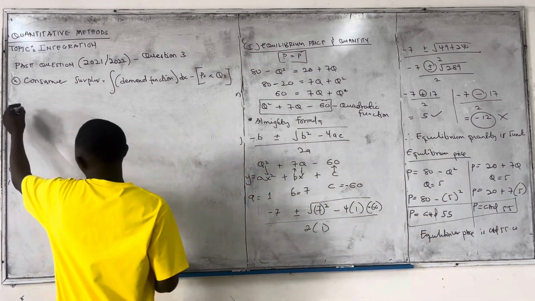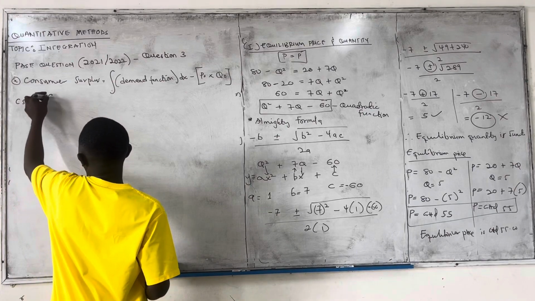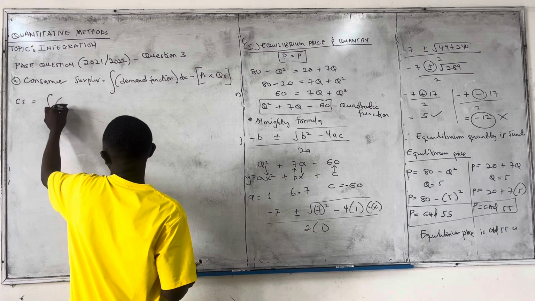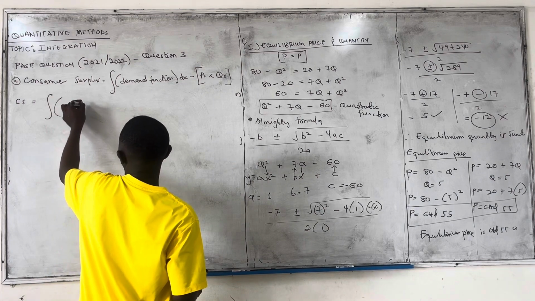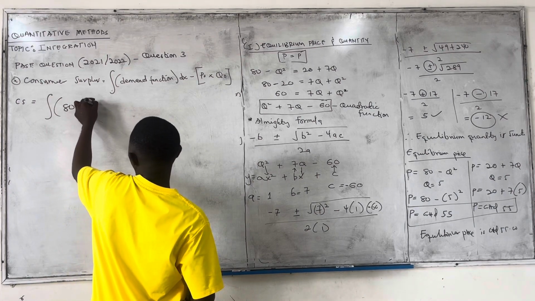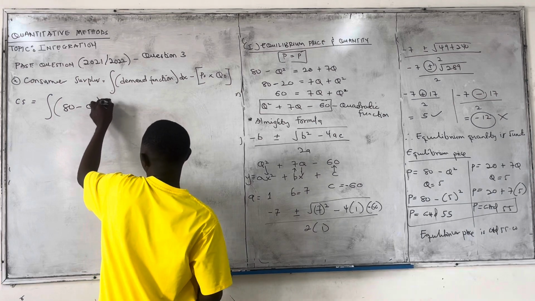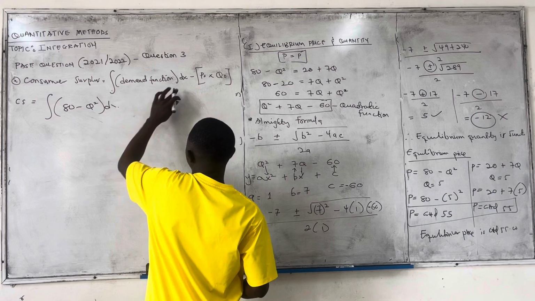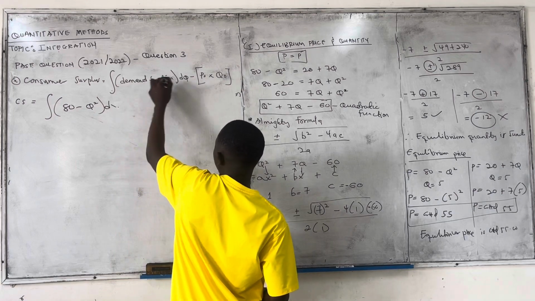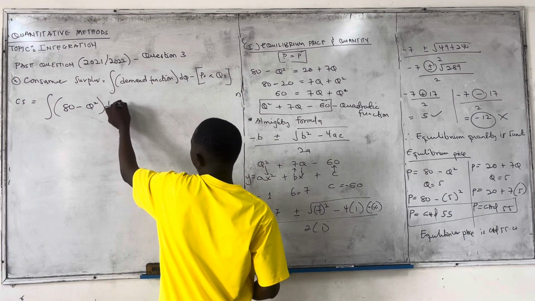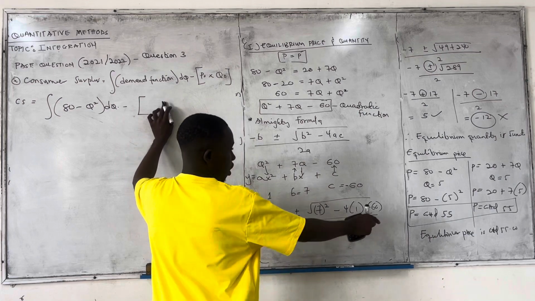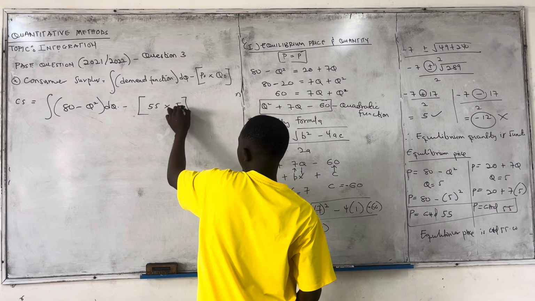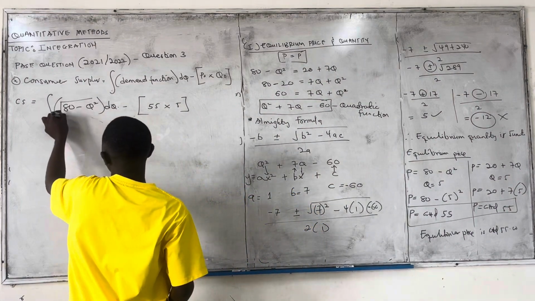Our demand function was 80 minus Q squared. This is our D of Q, or D of X, it's the same thing. Since the question is using quantity, let's use the Q. So the Q minus price, price we had 55, quantity we had 5. So this is what we are going to integrate.